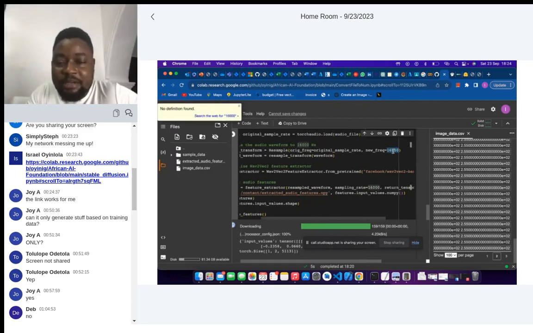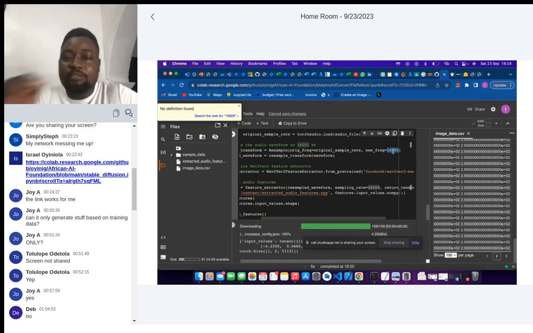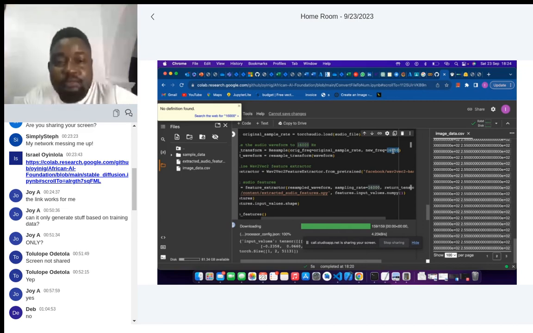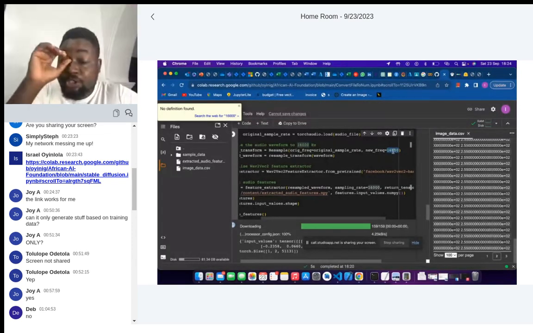The reason I'm going through all of this is because someone has done all the hard work for me. I don't have to take a picture. Some smart people at Facebook have built this model that can extract features from frequency and give me the number representation of those words.